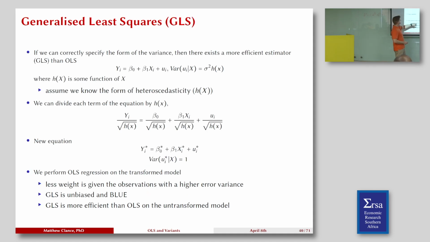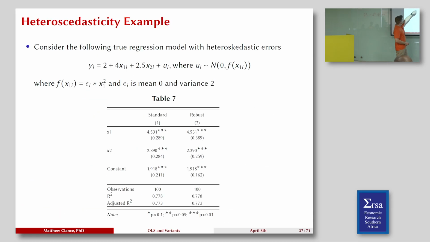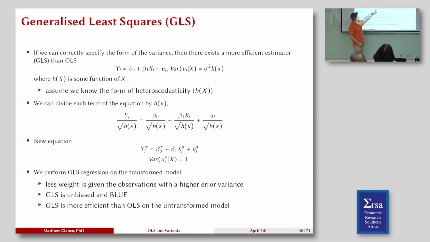So I told you that this was equal to x1 squared, right? I told you you need to take the square root of that. Now think about whenever I divide through by this, so the square root of h(x) in this case, because it was x1 squared, now this becomes x1, right?